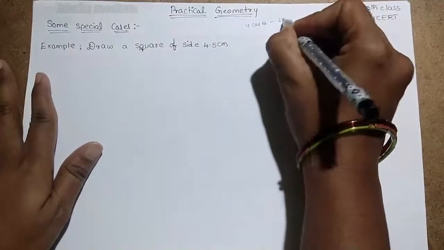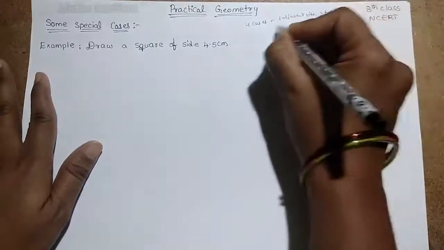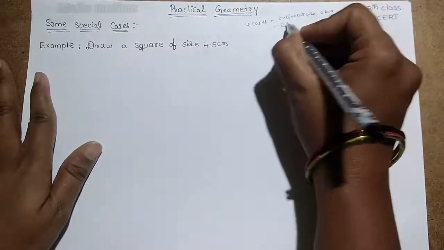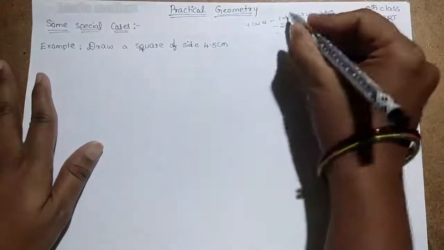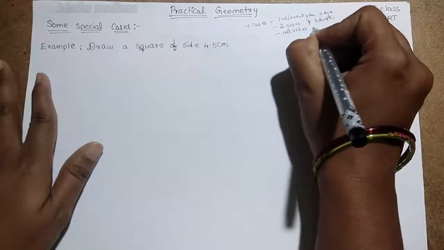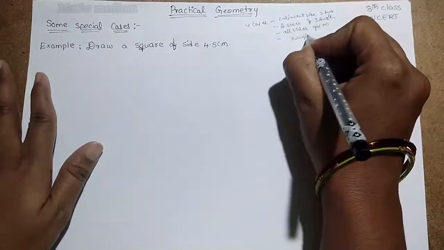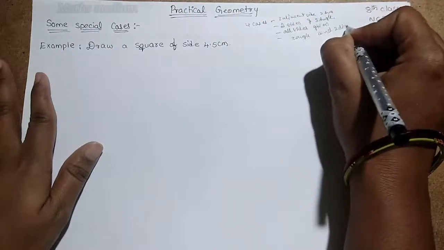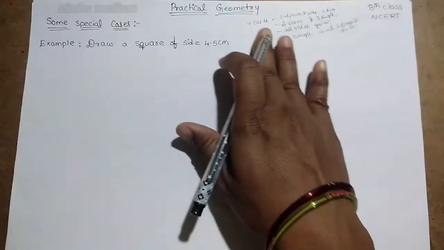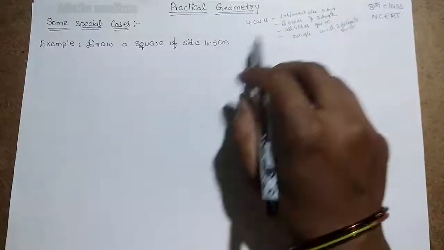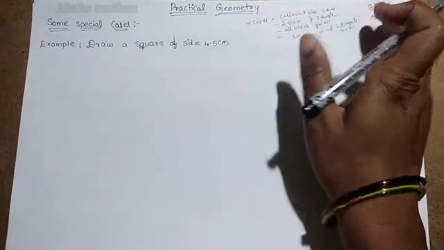Those are: if 3 adjacent sides and 2 angles are given, if 2 sides and 3 angles are given, another type is all sides given, and another case is two angles and two diagonals given. So these are the four cases.